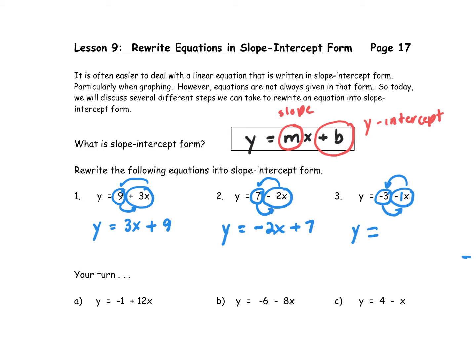So this would look like this, negative 1x minus 3. Or we could write it as y equals negative x minus 3. So now I'd like you to try A, B, and C on your own. I will post the key at the end of the lesson, but please try it without looking at the key.